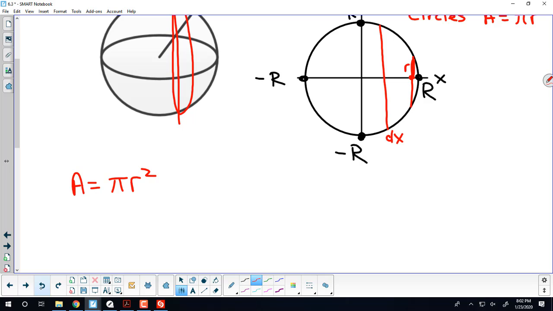This is the radius of that circle. So you just want to label it as a different r because it's not the same as the radius for the boundary of the sphere. Okay, and we need r in terms of x because of this dx, because of our slices.